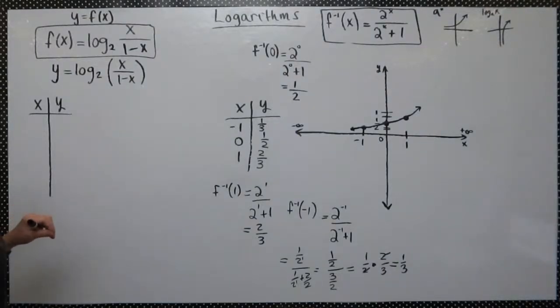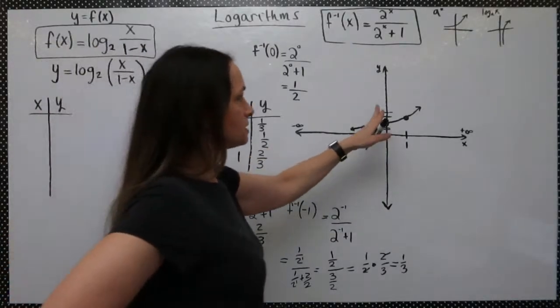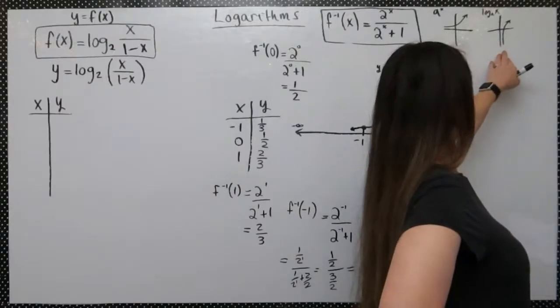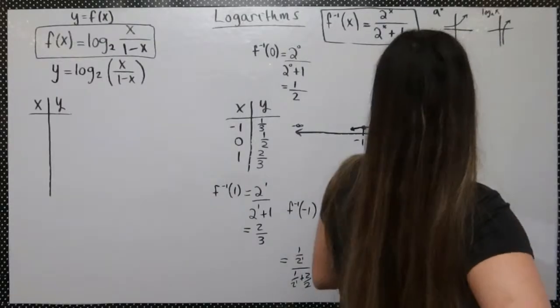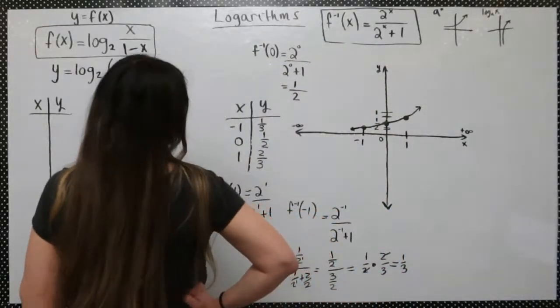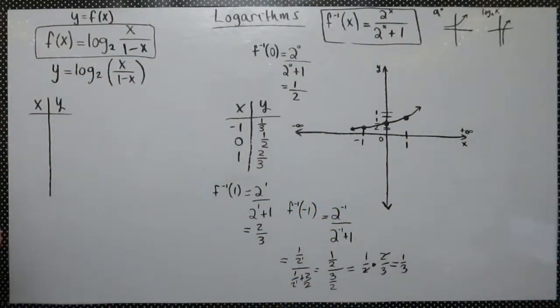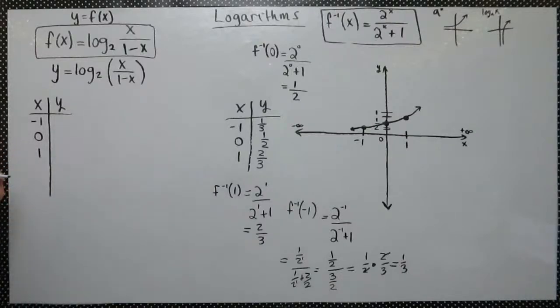However, if one of my values for x goes to zero, that's going to be an issue because look where the log function lives. It lives where x is positive, only when x is positive. So if we get into zero land, let's just see what happens. Let's see, -1, 0, and 1. I just want to try it.